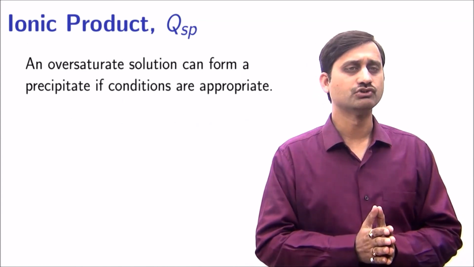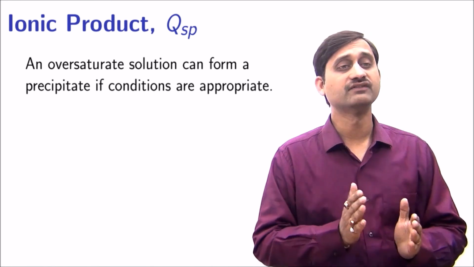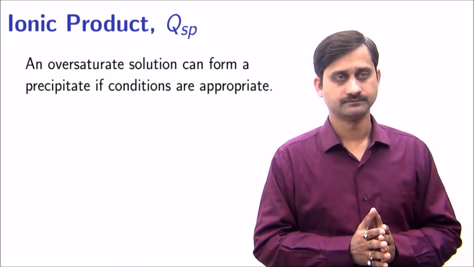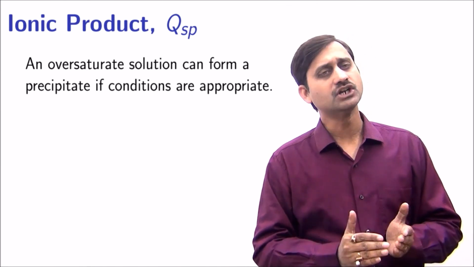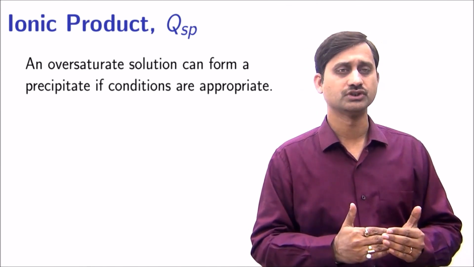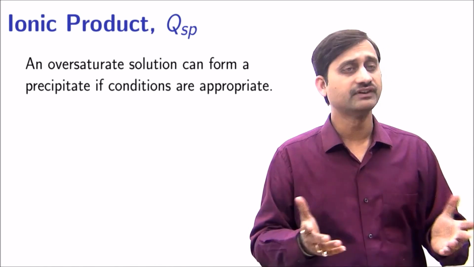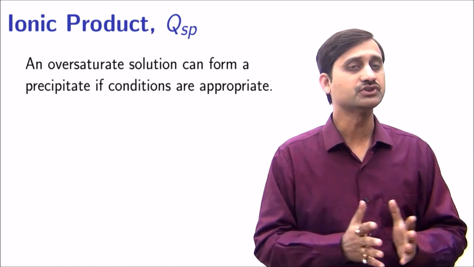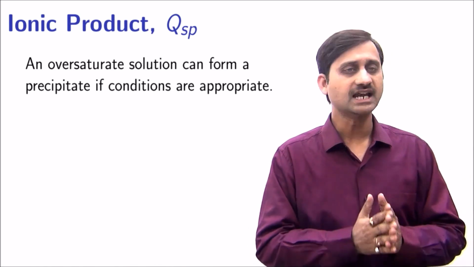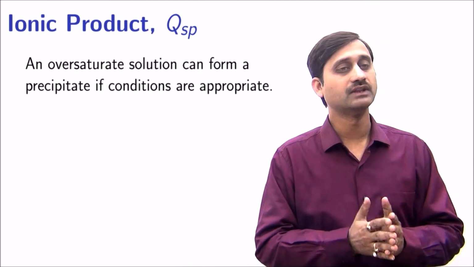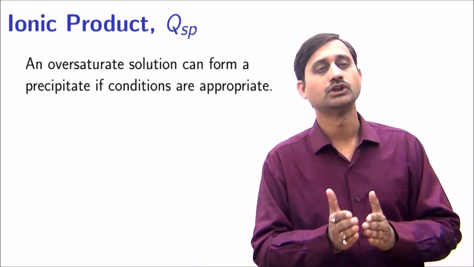An oversaturated solution can form a precipitate if conditions are appropriate. Hence, to find if a particular salt will precipitate from a solution containing different ions from different sources, we just have to find the relation of the ionic product with its solubility product.